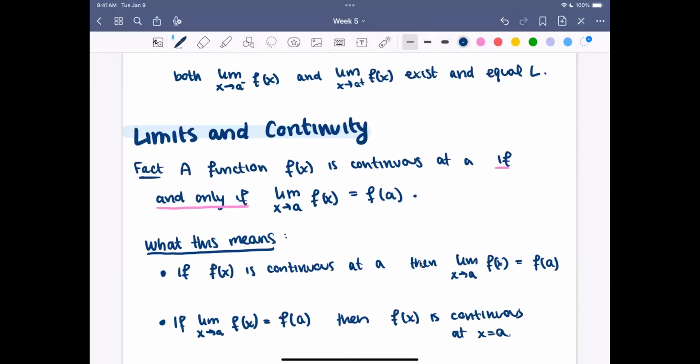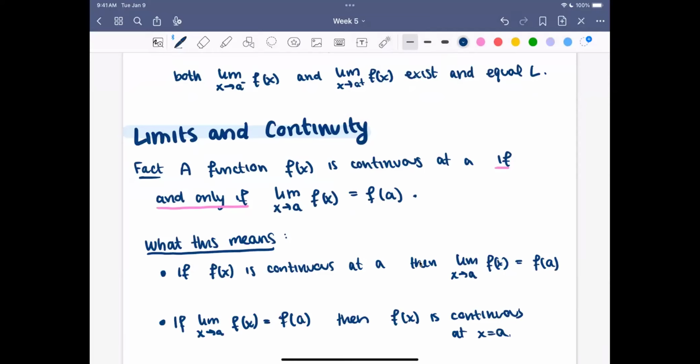And this one, I think, helps us understand the relationship between limits and continuity, right? In our previous example, the limit as x approached a from the left did not agree with f of a, right?